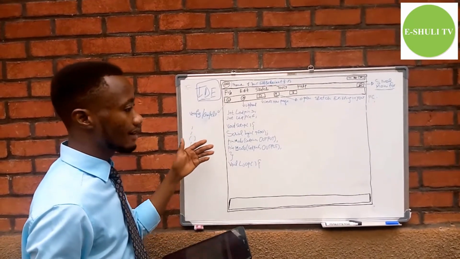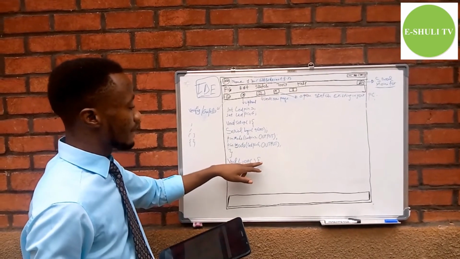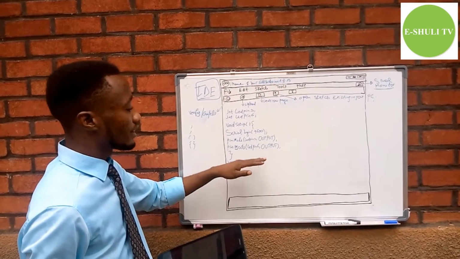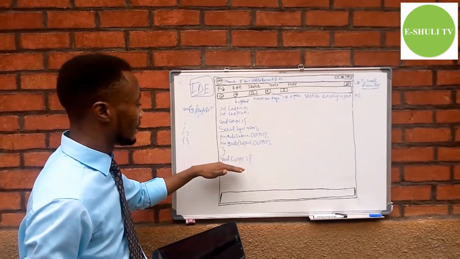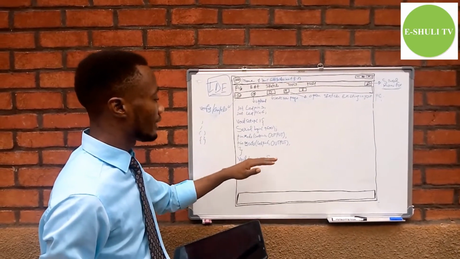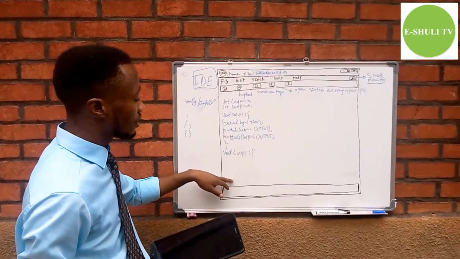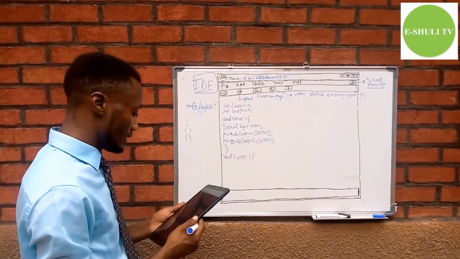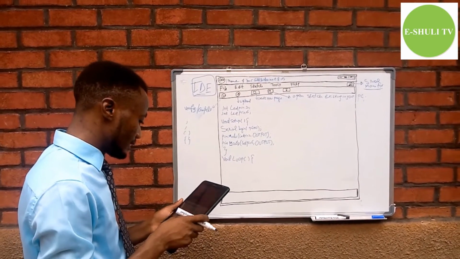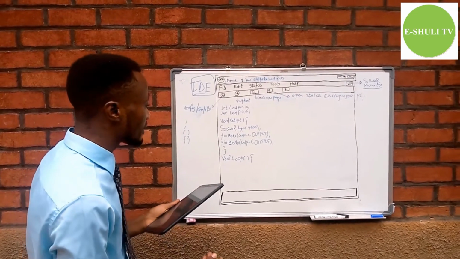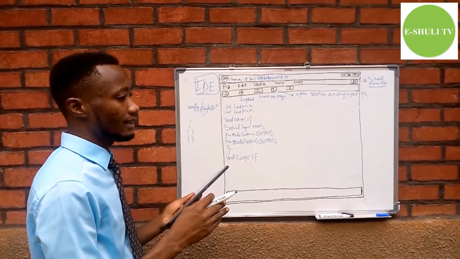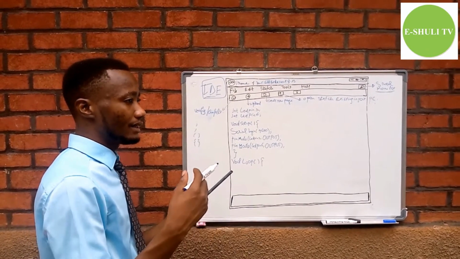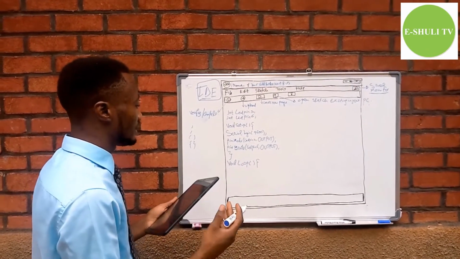You always have to respect these brackets, because when you start a function you have to open, and when you finish it you have to remember to close it. Then in void loop is where we are going to tell our pins what they will do repeatedly.